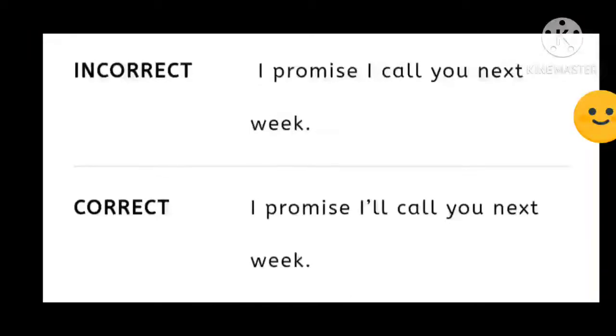So here "I promise" is the subordinate clause. See, "I promise" is not giving any complete sense without the help of the second part of the sentence. So it is a depending clause. I promise what? No meaning. "I call you next week" is the main clause or independent clause. So in this clause we have to use a modal.